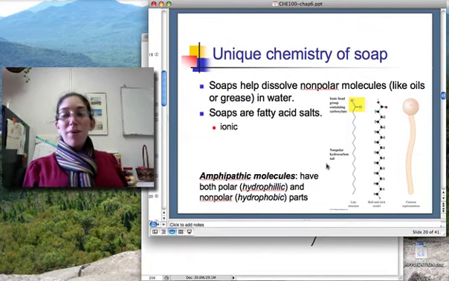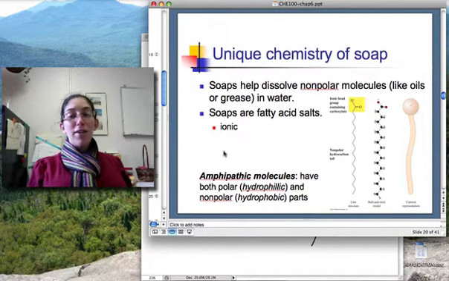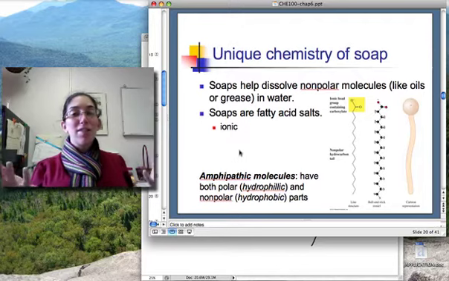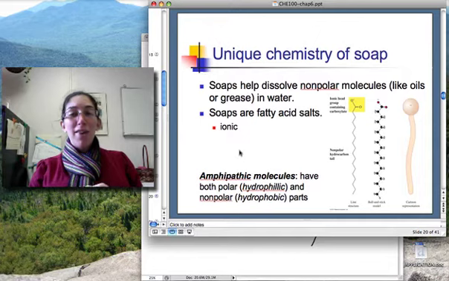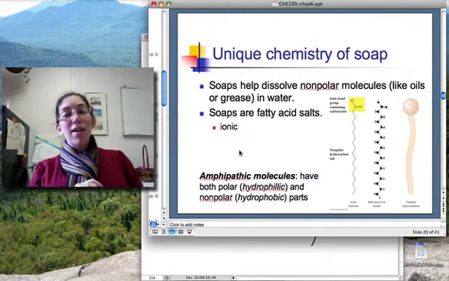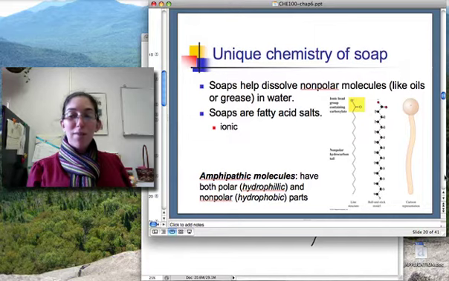So when you have a molecule that has a hydrophilic, polar region and a hydrophobic, nonpolar region, we call it an amphipathic molecule, kind of like ambidextrous, someone who can use their right hand and their left hand. An amphipathic molecule is both polar and nonpolar. So how does this help dissolve oils?